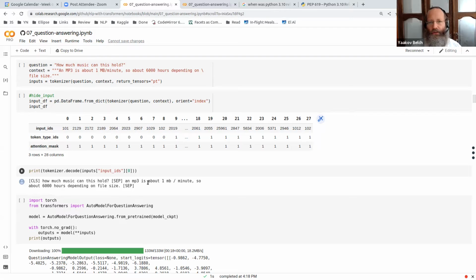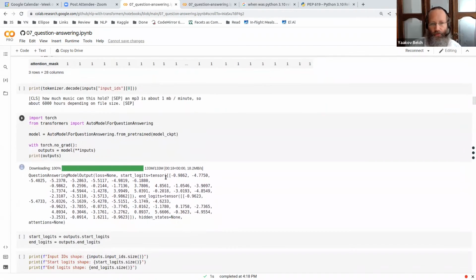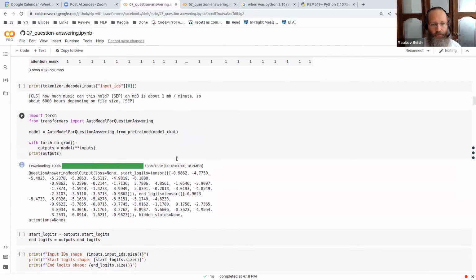There, the task was to find tokens which fall into certain categories, or spans of entities which span a few tokens together, and to label each of these tokens as a location or an institution or something like this. We use the same idea to say which are the starting tokens of an answer. So we want the model to label which token is the starting point of the answer, and in addition, which tokens are the end tokens of the answer.